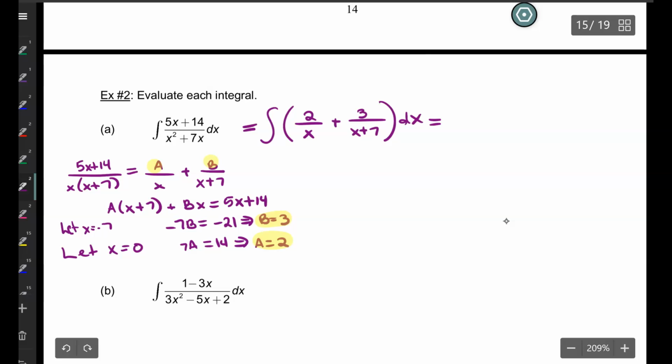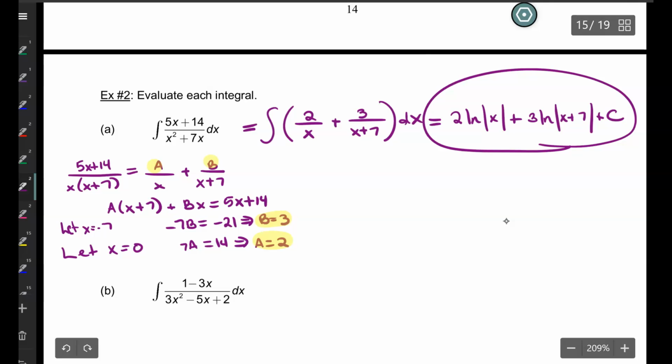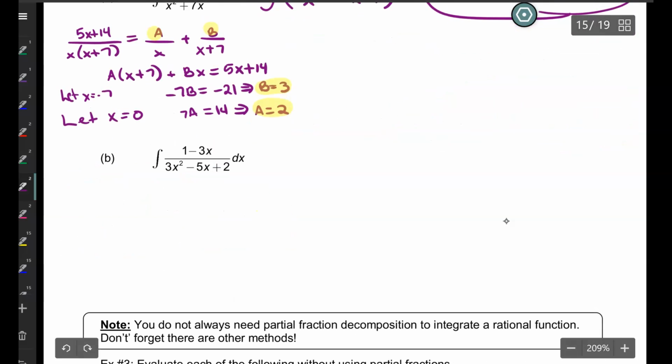And so that's going to give us 2 times natural log absolute value of x plus 3 natural log of x plus 7 plus C. Okay. Next one.